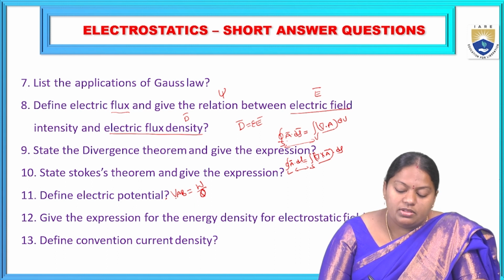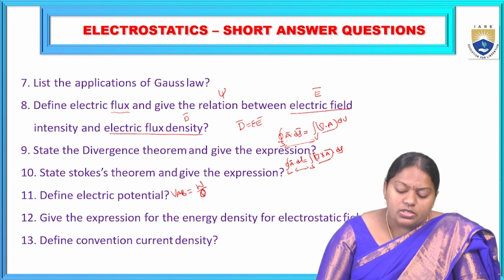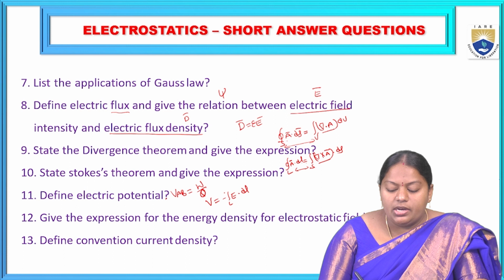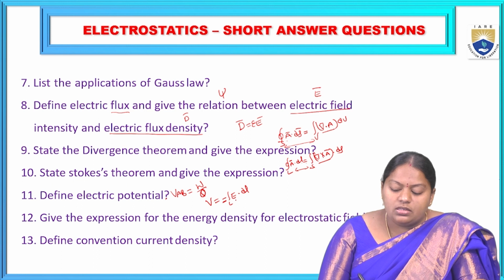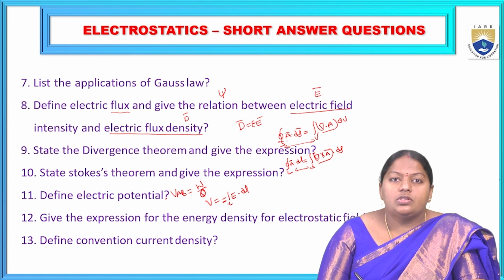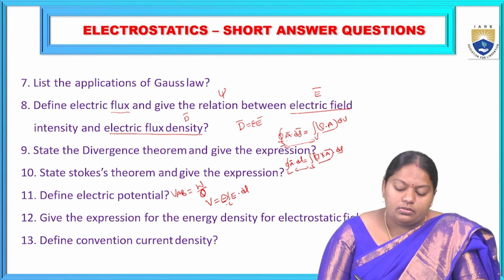Generally, it is represented as V equal to W by Q. In terms of field intensity, it is given by V equal to minus integral over L of E dot dl. The negative sign represents that the work is done by an external agent, opposite to the electric field intensity.